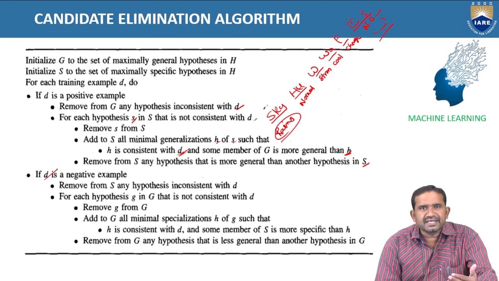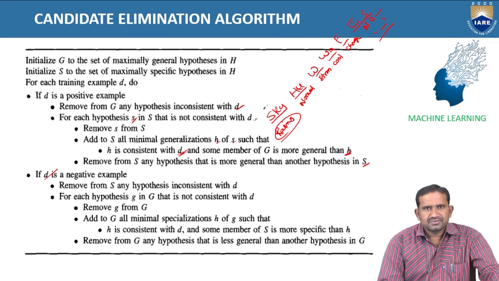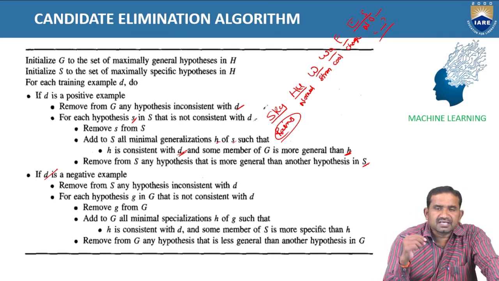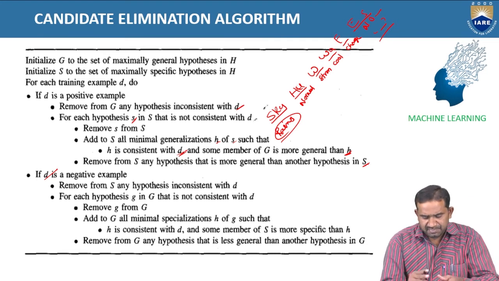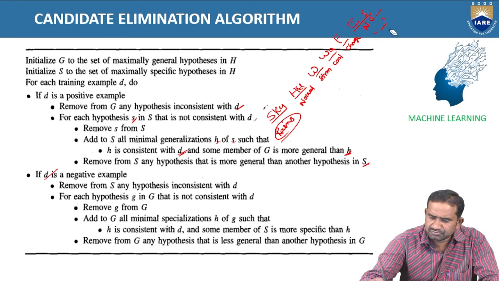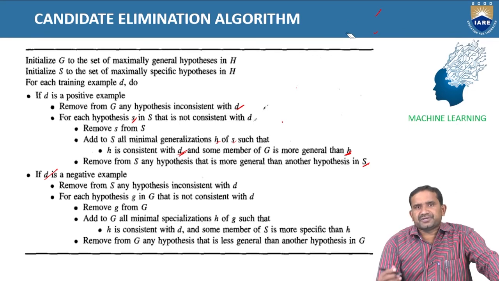Before we start any analysis of the hypothesis, we must check whether the given training example is positive or negative. Whenever it is negative, we go to one more operation. What is that operation?